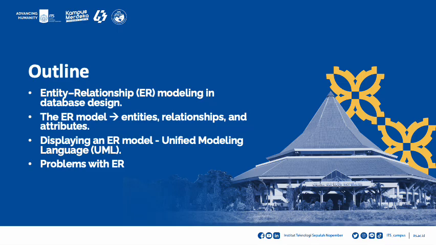The first one is how to use entity relationship modeling in database design, and the second one is the basic concepts associated with the ER model, including entities, relationships, and attributes, and a diagrammatic technique for displaying an ER model using the Unified Modeling Language, one of the modeling languages I think you are already familiar with. And the last one is how to identify and resolve the problems with the ER model.